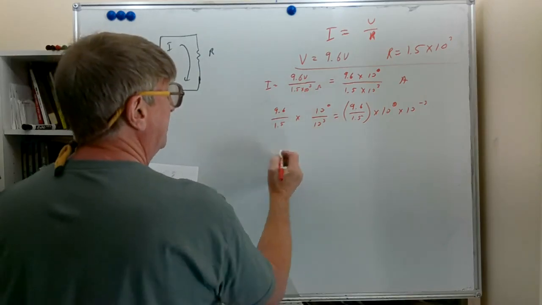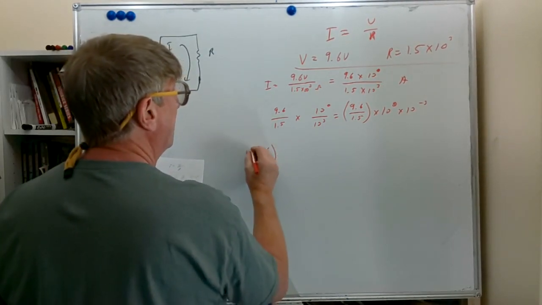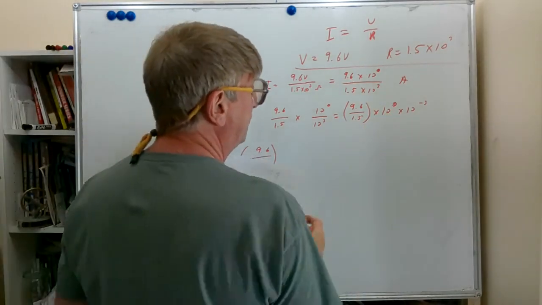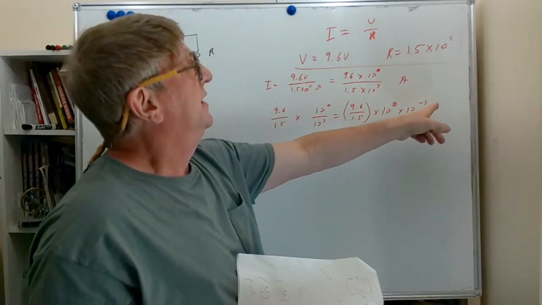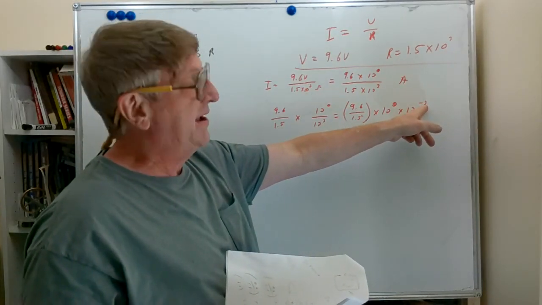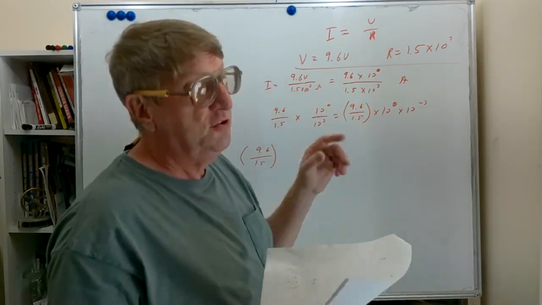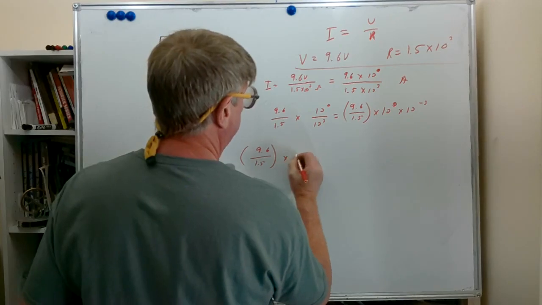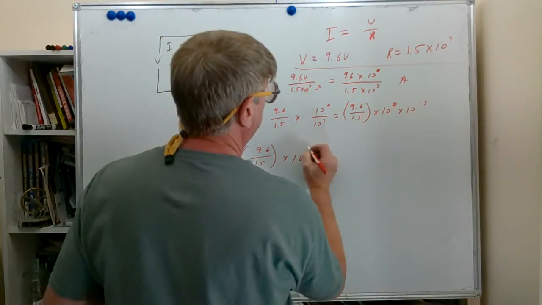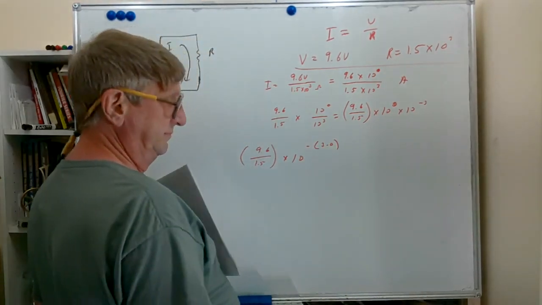Carry this guy down here, 9.6 over 1.5. And now we're going to use our rules for multiplying exponents. Remember, we take the larger magnitude exponent, subtract the smaller magnitude exponent, and use the sign of the larger magnitude one. So this is times 10, we're going to use the negative sign, and we're going to do 3 minus 0.